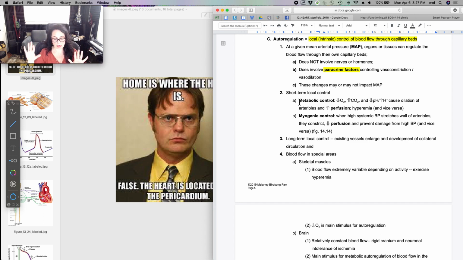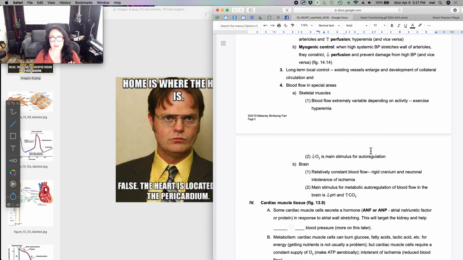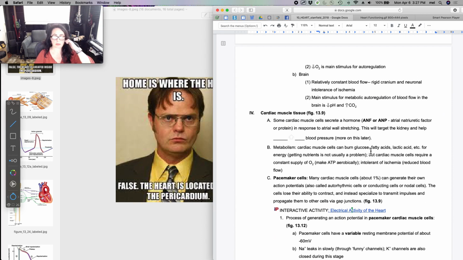Any of those things will make the tissue release paracrine agents that can cause local vasodilation. And the other one was a protective mechanism. It's called myogenic control, in which the tissue, if a lot of blood flow is coming to it, the arterioles can constrict to protect the capillary beds. Okay, and then we talked about a few places in the body that have extremes of blood flow.